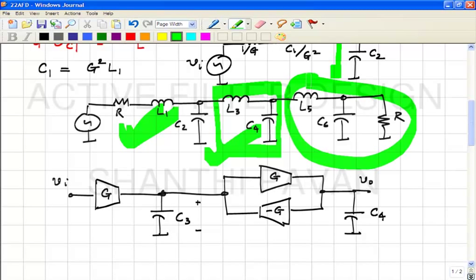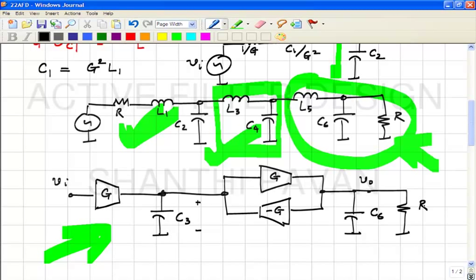And what do you think I must do to realize this? How will I modify this to realize this? Instead of C6, here I must have C6 and R. Correct? And what should I do with L5?